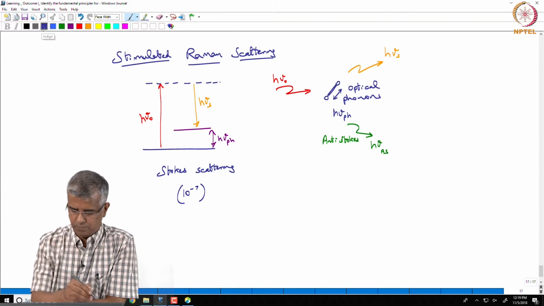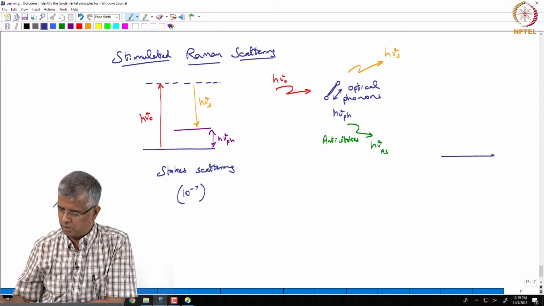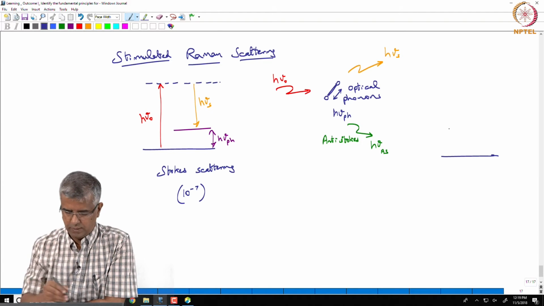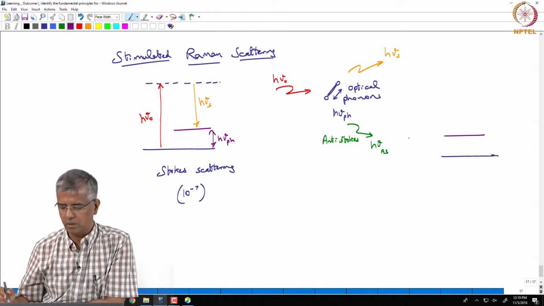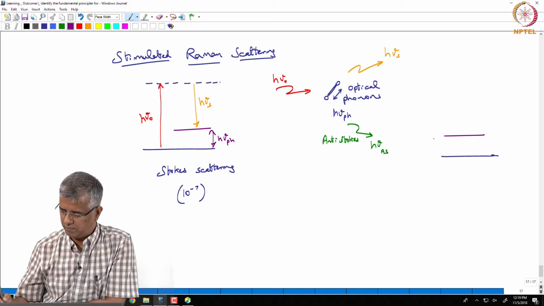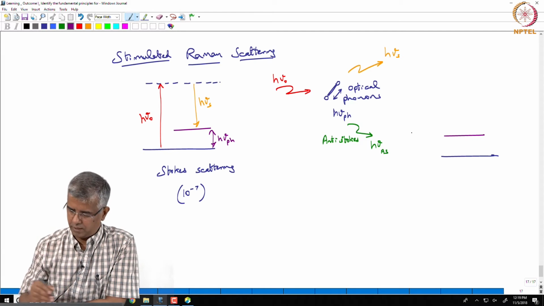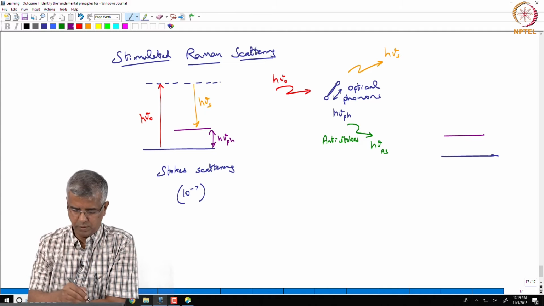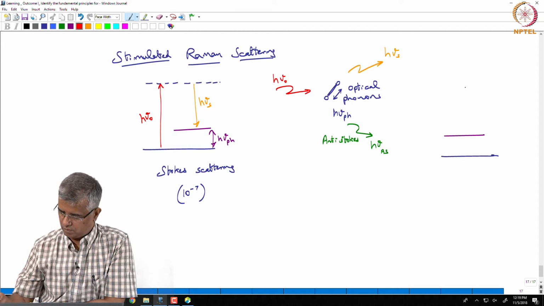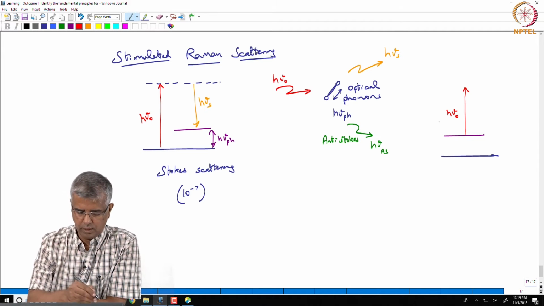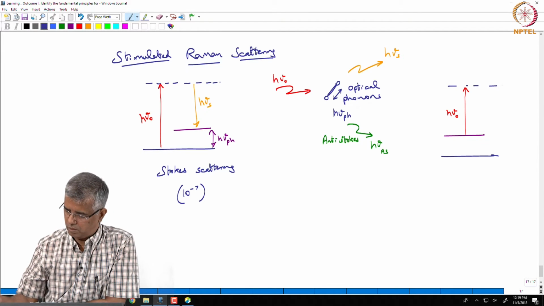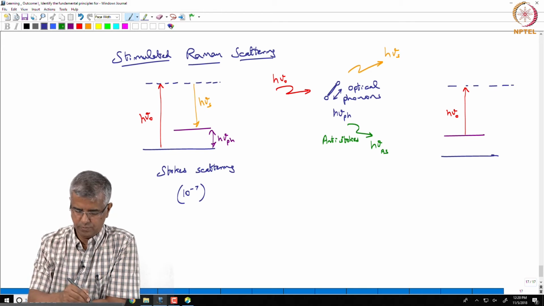In this case, what are we saying? We basically have this molecule at a lower level here, but because of phonons it has actually gone to a higher energy level, and from there, whenever this optical radiation comes along with energy h nu naught, then you have scattering happening.